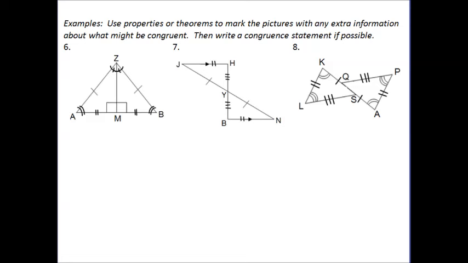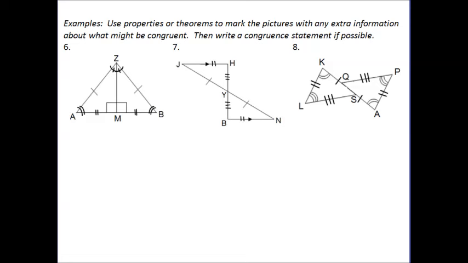In example 6, we see that angle A is congruent to angle B. Angles M are both right angles, so they're congruent. And angles Z are also congruent. Let's look at the sides. We have the segment AM, which is congruent to the segment MB, and we have segment AZ that's congruent to segment BZ.